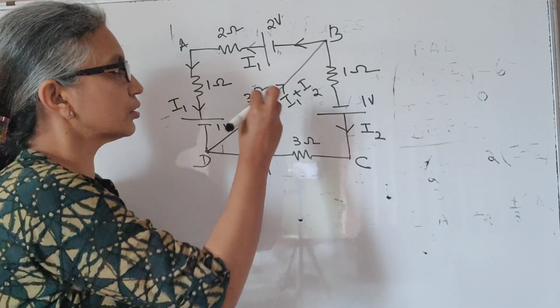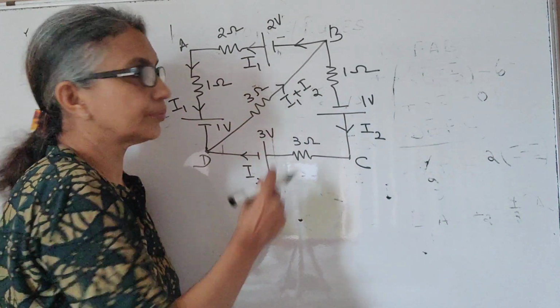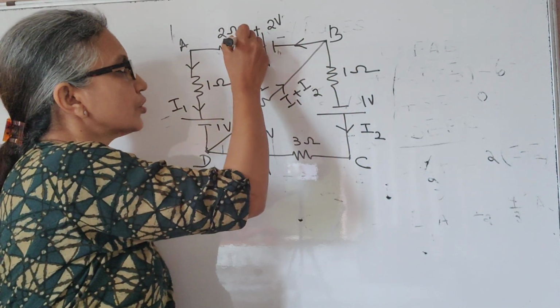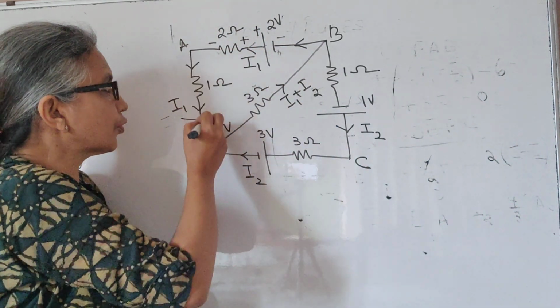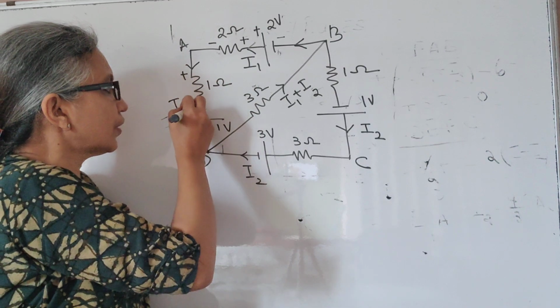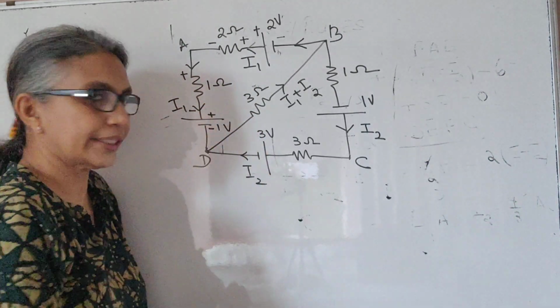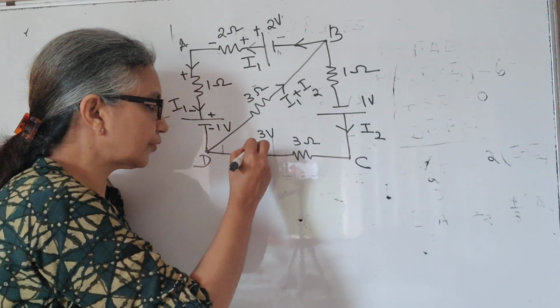Now to mark the positive and the negative: since current is flowing in this direction, it flows from positive to negative. Here current is flowing in this direction, so this is positive and this is negative. Then this is a cell here. The longer line is the positive one, and the shorter line gives you the negative.